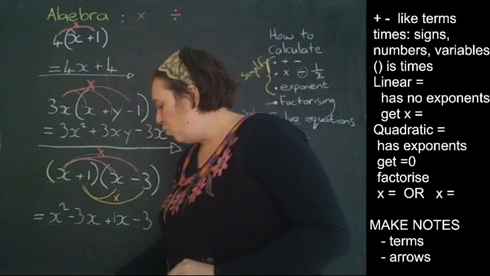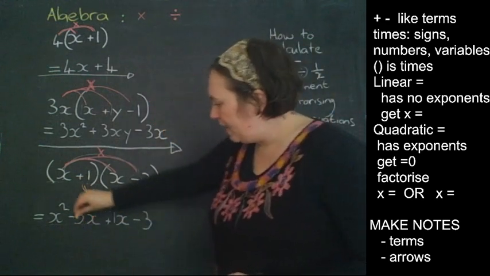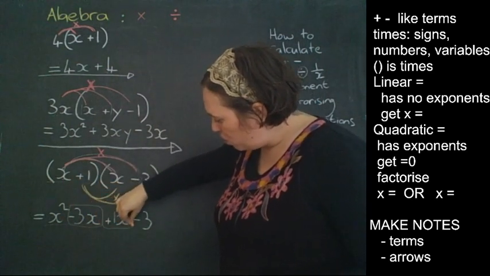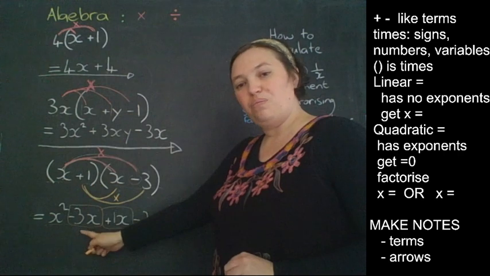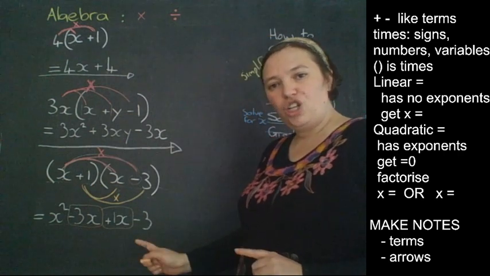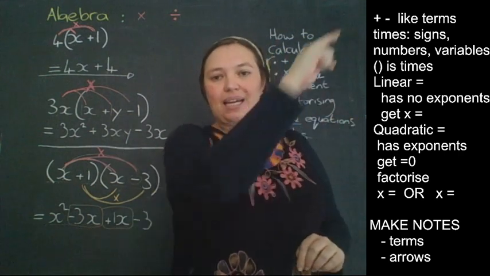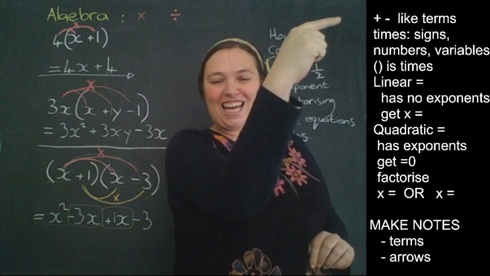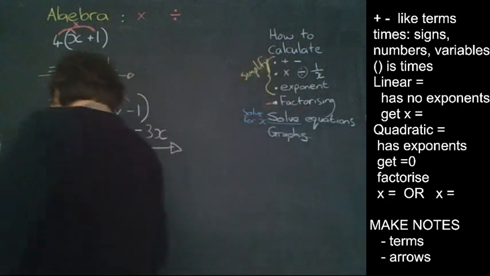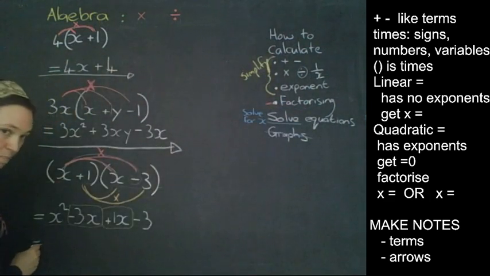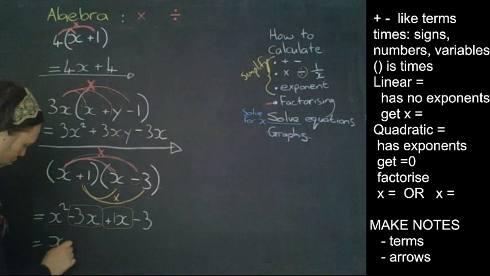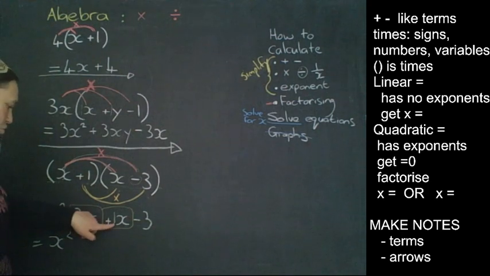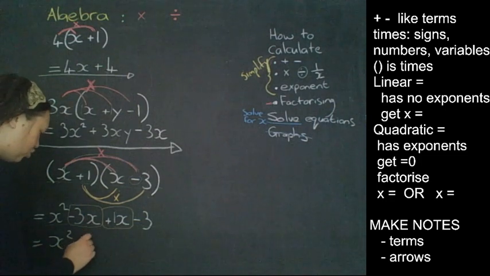But we can see here that this one and this one are like terms. So like terms we need to add together, like we said over there. Add like terms. So we've got x squared stays the same, minus 3 plus 1 is minus 2.